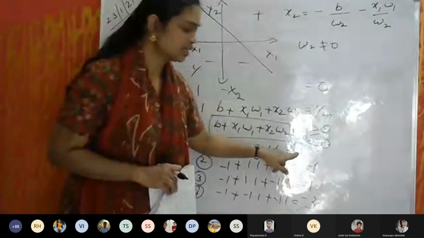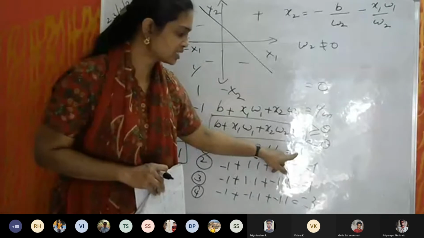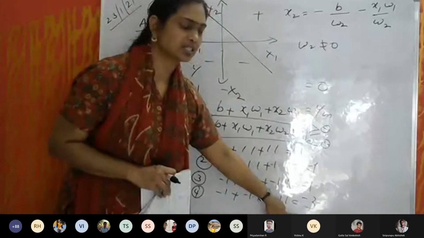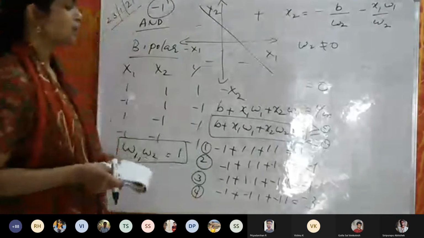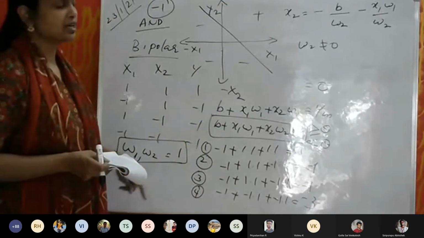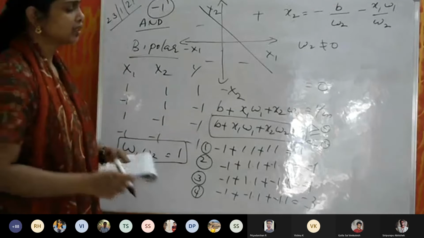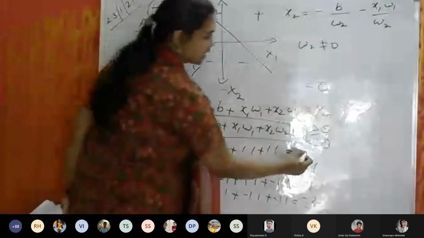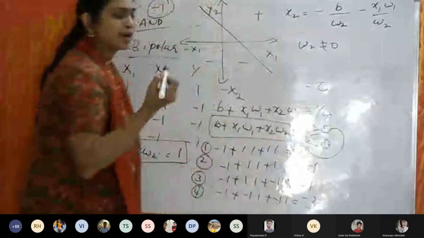So your yin is giving 1 for the first case, and for the rest of the cases, it is giving negative. Now what can be our threshold value? By looking at it, we can decide that the threshold can be 1.